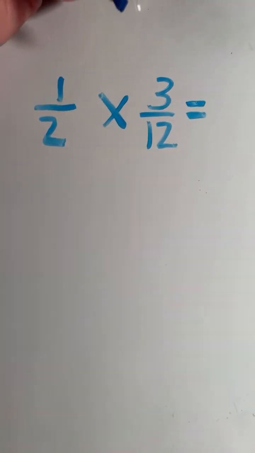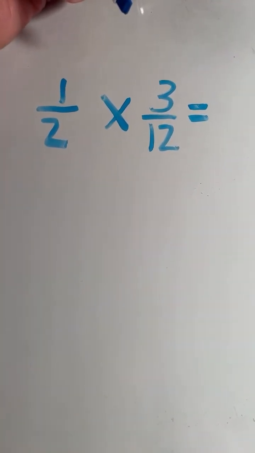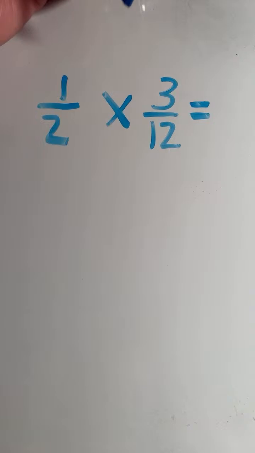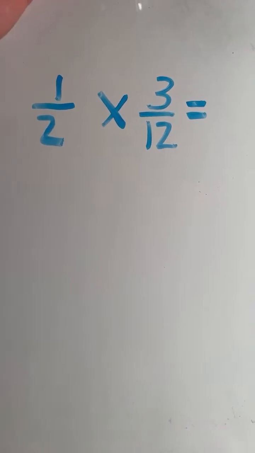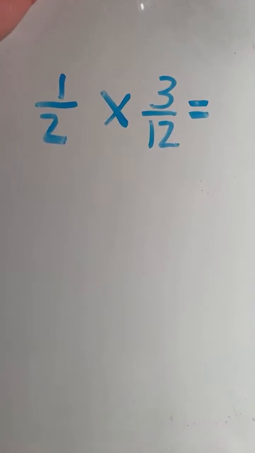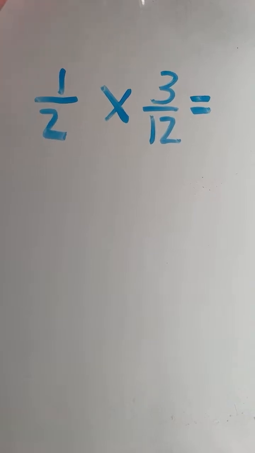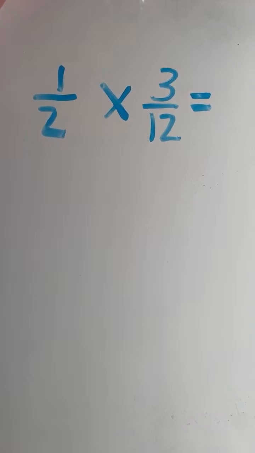Now the difference between multiplying fractions and adding and subtracting fractions is the denominator actually does change. When you're adding and subtracting fractions, if they have like denominators, you keep the bottom number the same. When you multiply fractions, you don't do that. You actually multiply both the top and the bottom.